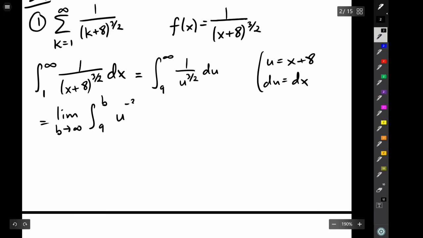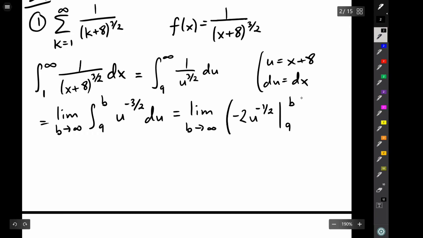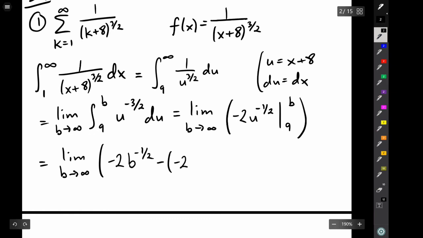And here I'm going to swap this to u to the minus 3 halves, just so it's easier to look at. Right? Do this integral. So this is going to be negative 2 u to the minus 1 half, right, from 9 to b, which is limit as b goes to infinity of negative 2 b to the minus 1 half, minus negative 2 times 9 to the minus 1 half.